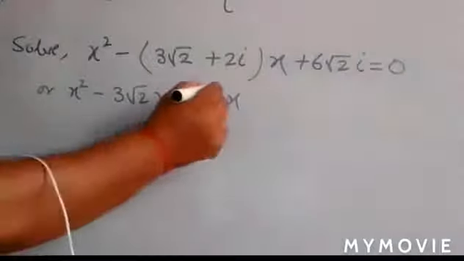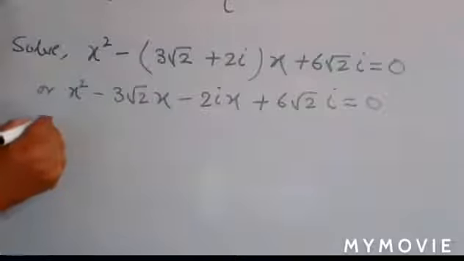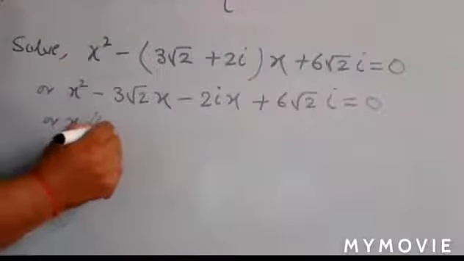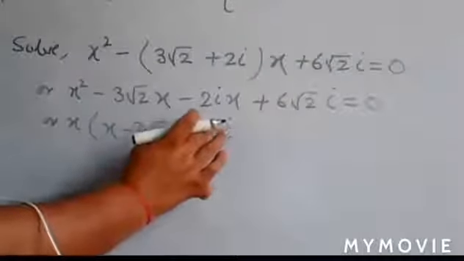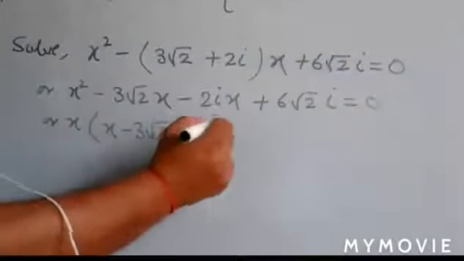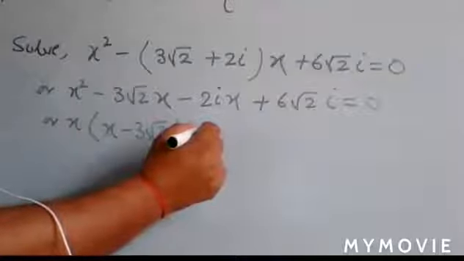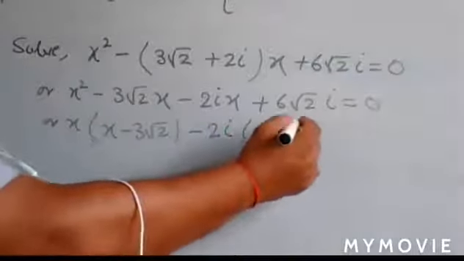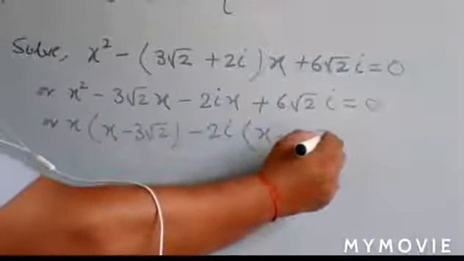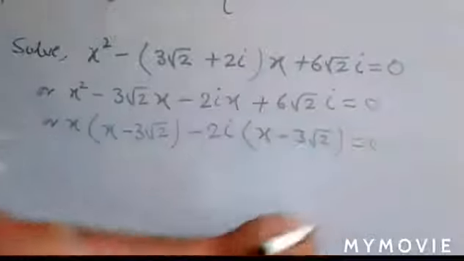Now, taking common in the first two terms, x is common, so x minus 3 root 2. And in the last two terms, you can take common 2i. If 2i is common, here you have x minus 3 root 2, that is equal to 0.